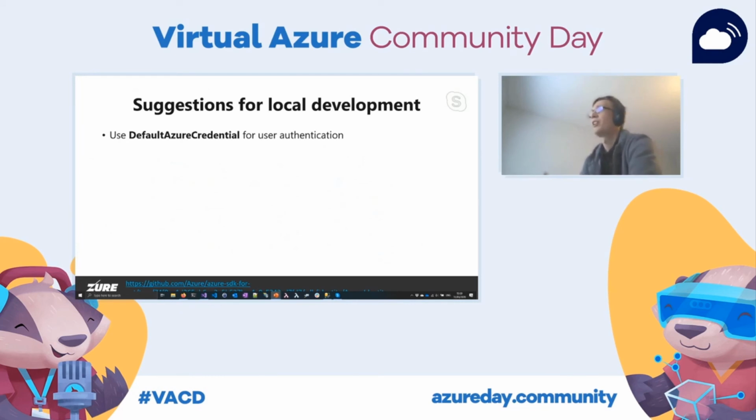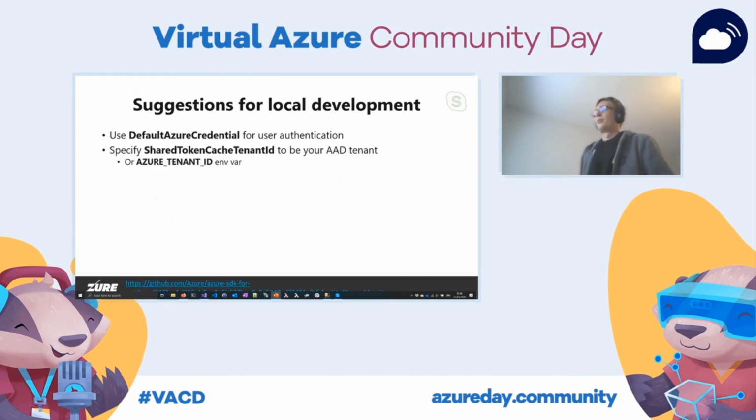So that works nicely for services like Service Bus and Storage, which use Azure RBAC, as well as Key Vault, which allows you to assign your user there. And also SQL, because you can assign Azure AD users there as well. So that will work as well. But there are cases where that won't work. But we'll get to those in a bit.